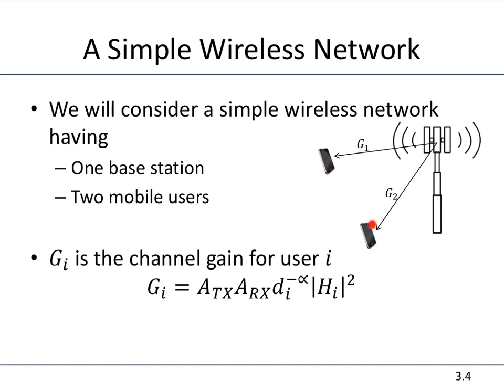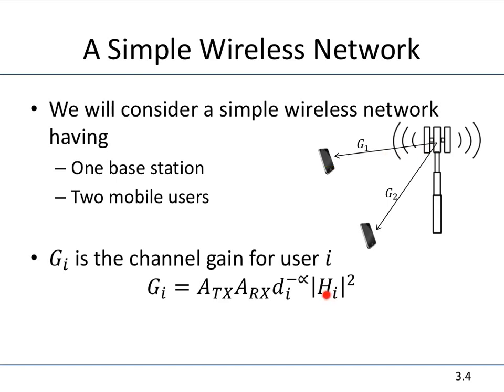So we have two users. One user is far and one user is close. Each user has a different gain, and this gain is dictated by H, the channel gain for this particular user.